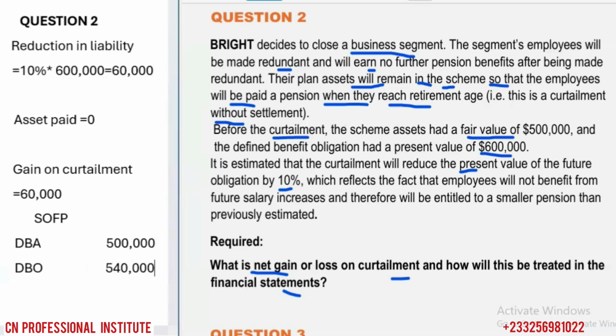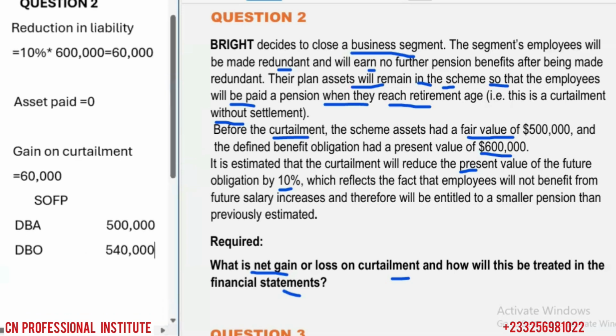So our defined benefit asset is 500, has not changed. The defined benefit obligation is 540. So the net defined benefit plan will have a net liability of 40.